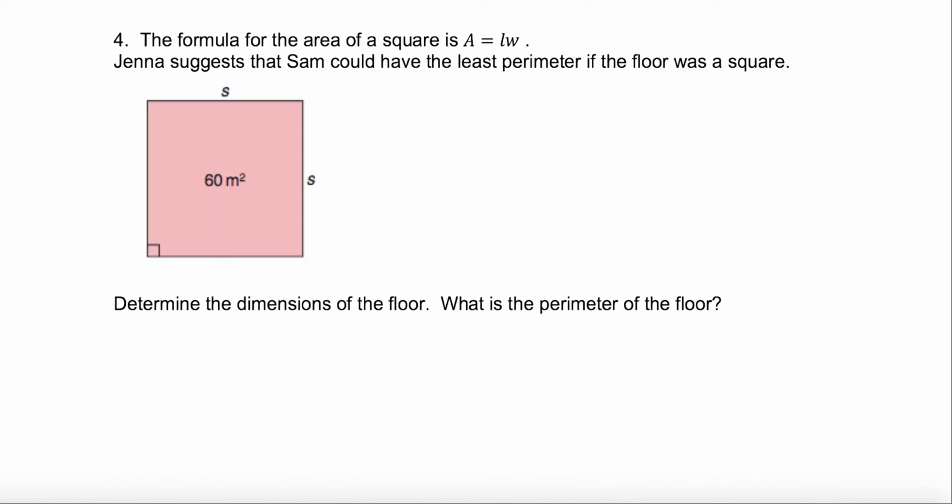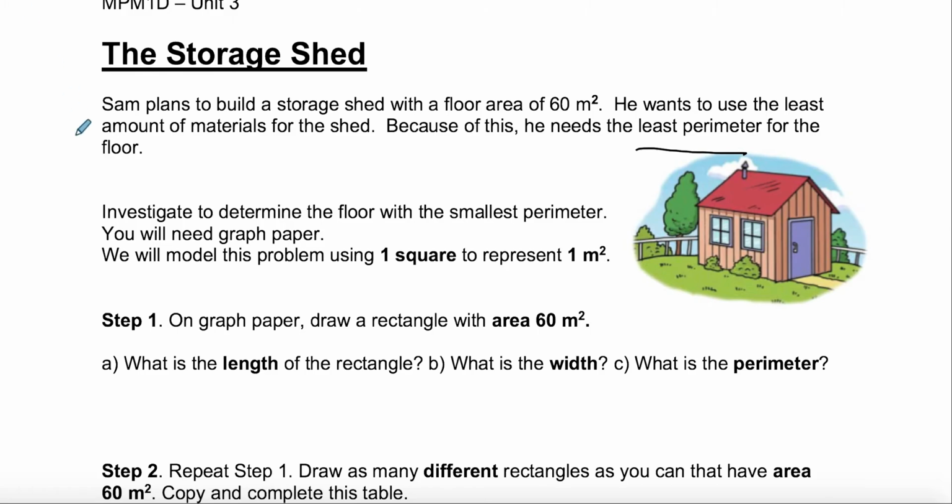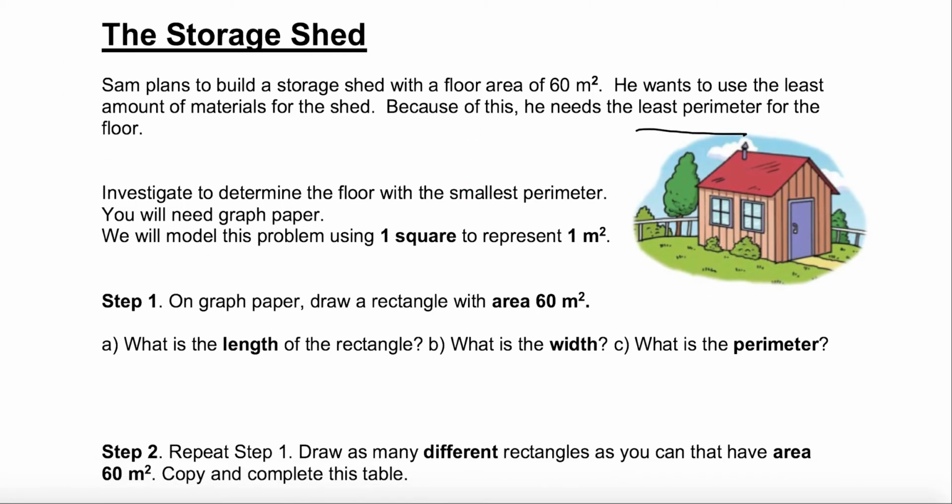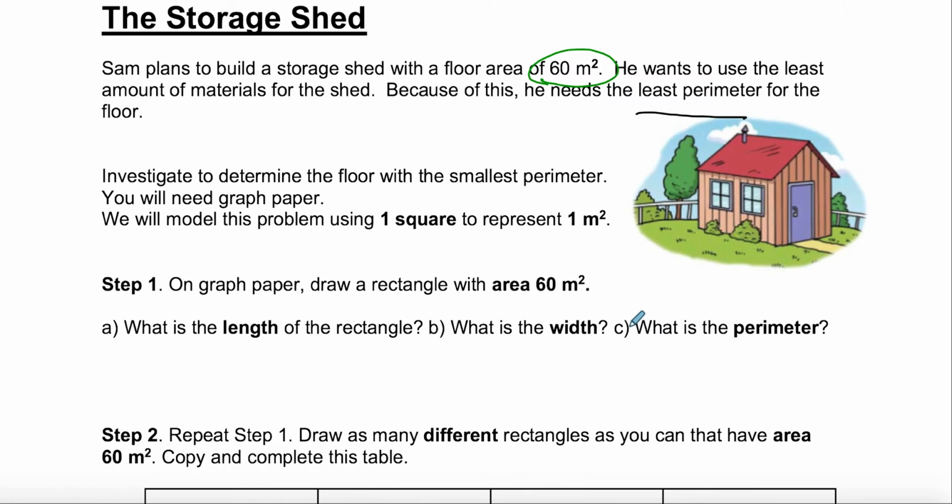So your activity for today is looking at the storage shed. So the storage shed, you're given 60 meters squared. That's the area. So I want you on graph paper or just with a sketch to come up with different rectangles that would multiply the length times width.